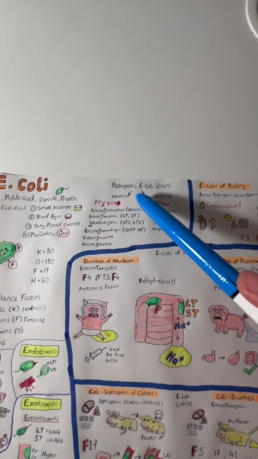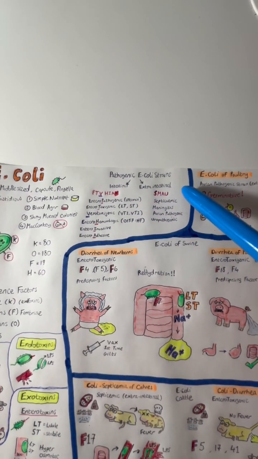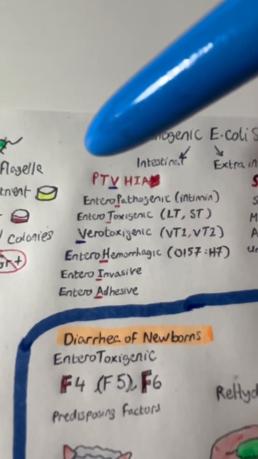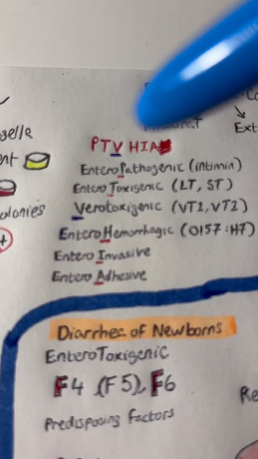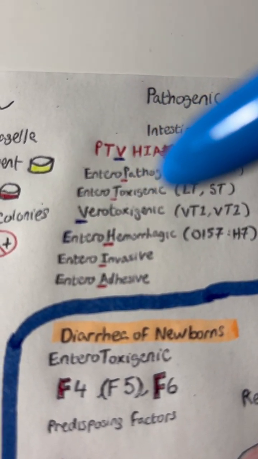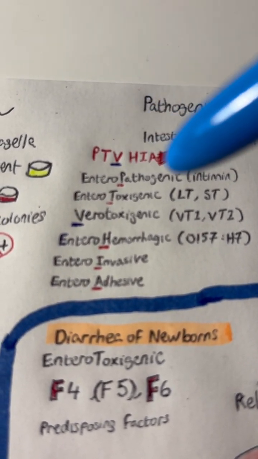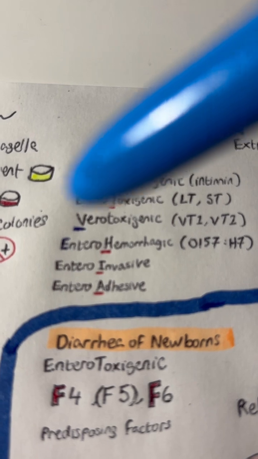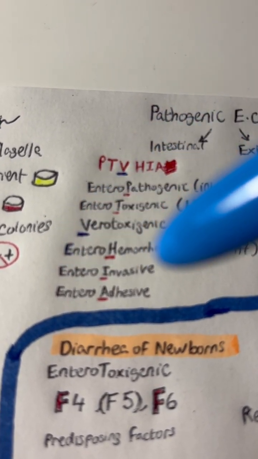The pathogenic E. coli strains can be divided into intestinal strains and extraintestinal strains. For the intestinal strains, think of PTV, HIA. All of these strains have the prefix entero before it except for verotoxigenic. So we have enteropathogenic strains, enterotoxigenic strains, verotoxigenic strains, enterohemorrhagic strains, enteroinvasive strains, and enteroadhesive strains.